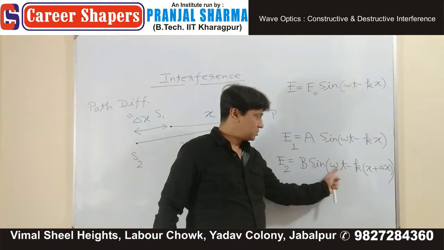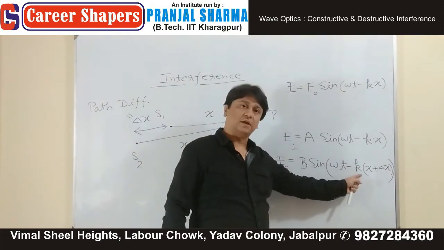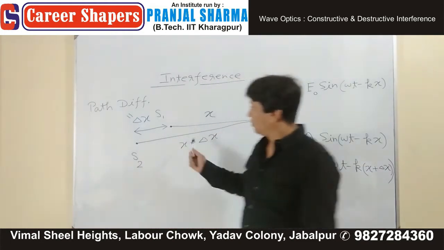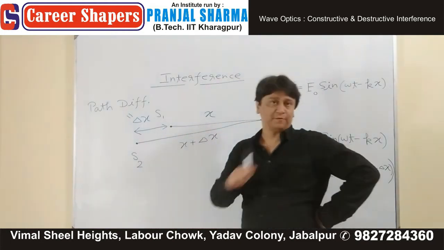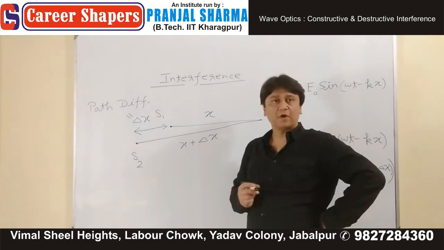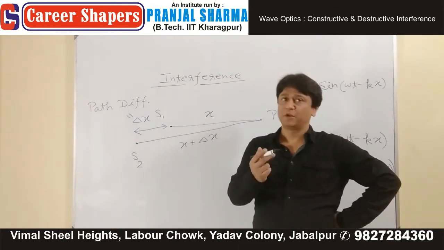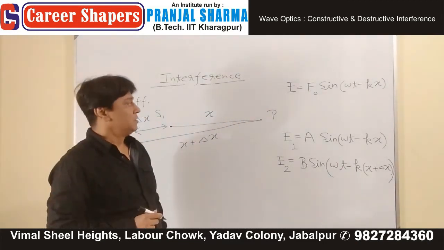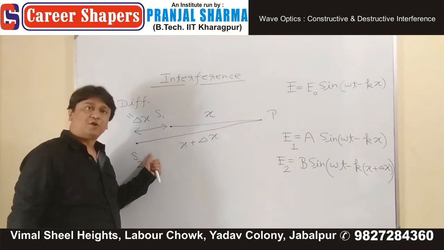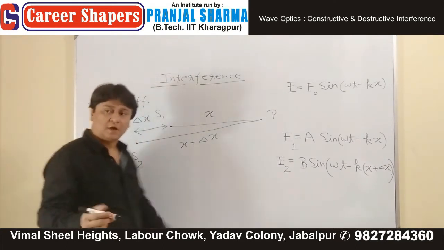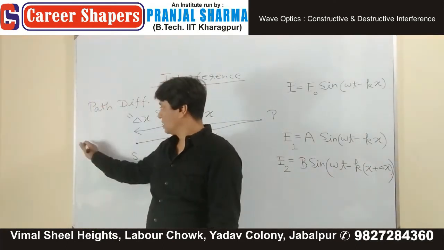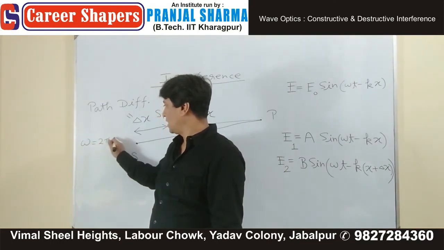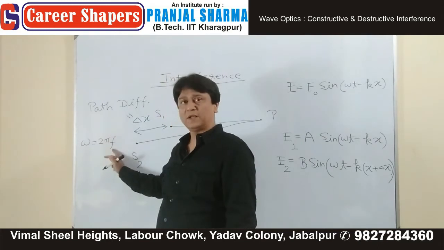This is omega, this is omega, this is k, this is k. These things will remain the same because I told you that S1 and S2 are of the same frequency. If they are of the same frequency, then they will also have the same wavelength. For both sources, the speed of light is the same. Omega is 2 pi f, f being frequency.